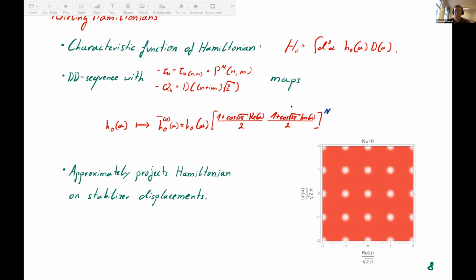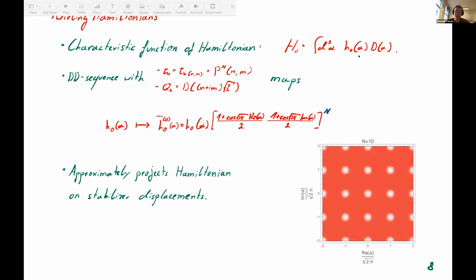So I want to apply this twirl to a Hamiltonian. For that, let us first consider the characteristic function of a Hamiltonian. I can write a Hamiltonian in the displacement basis, where this h naught represents the characteristic function of the Hamiltonian.